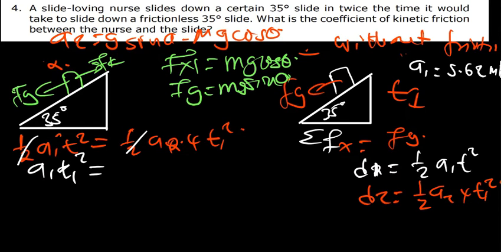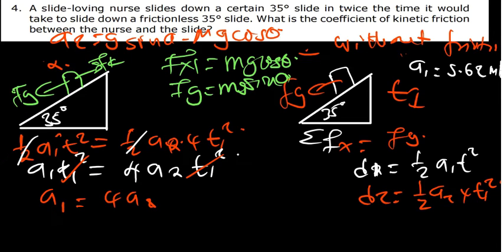Then here we also have 4 a2 t1 squared. At this point we can also cancel the time, because the time is the same. So we cancel this t, we cancel also this t. You can see that a1 is going to be equal to 4a2.